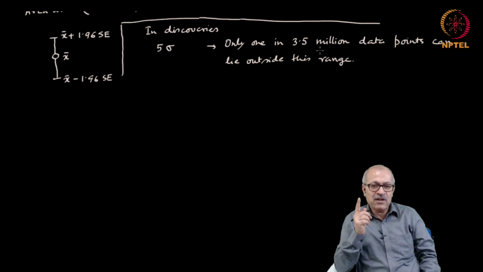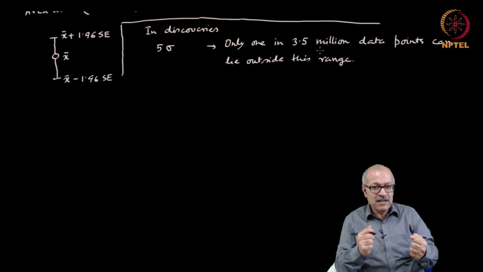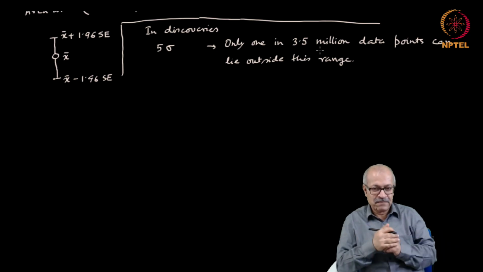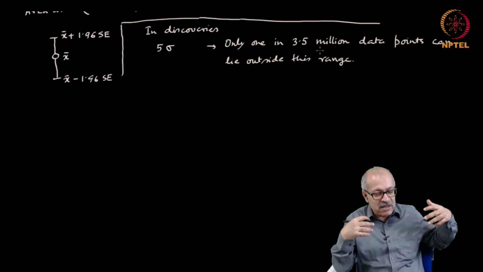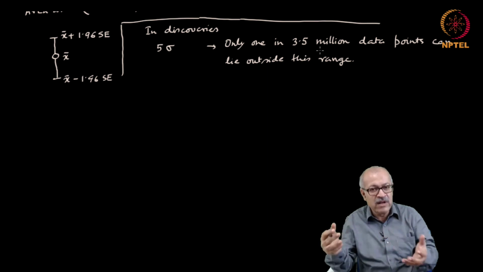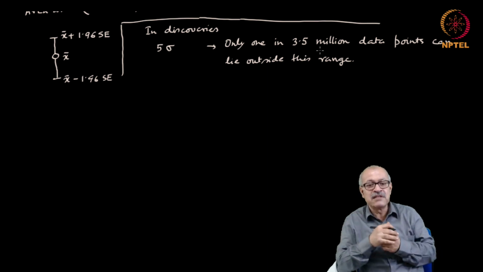Only when we reach that level of confidence do we say that we have made a discovery. So, it is a very, very exacting demand for the scientific community. They have to make measurements and repeat them a large number of times, and only then can one reach that kind of 5 sigma level of confidence.